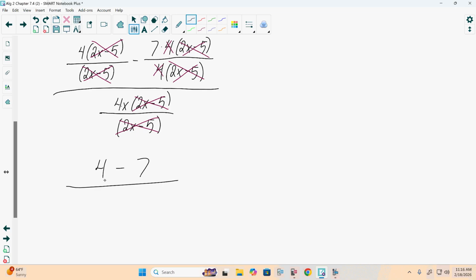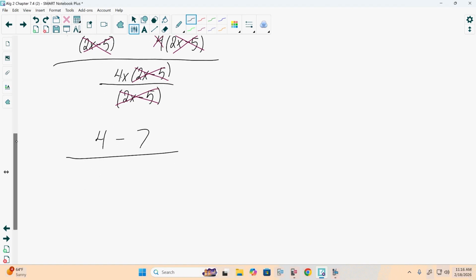Our first fraction is 4. And the denominator is 4x. I think we can reduce the numerator a little bit, yes? 4 minus 7 is negative 3. The denominator is 4x.